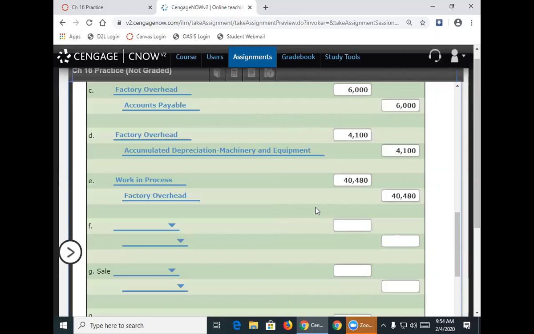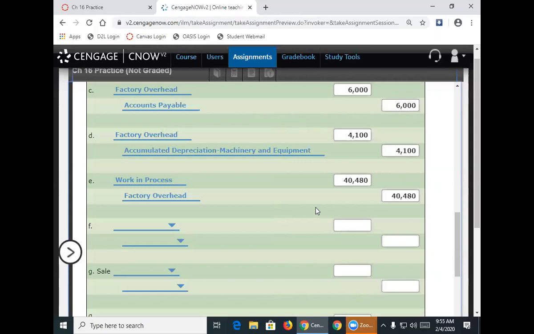Okay, good. Sorry that the marker's not working on this part of the board very well. But my actual overhead was 39,260. I applied overhead at 40,480. So did I over apply or under apply? Over.